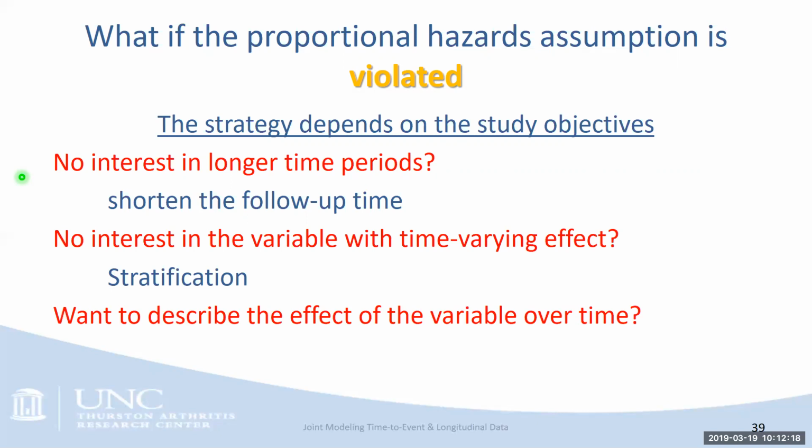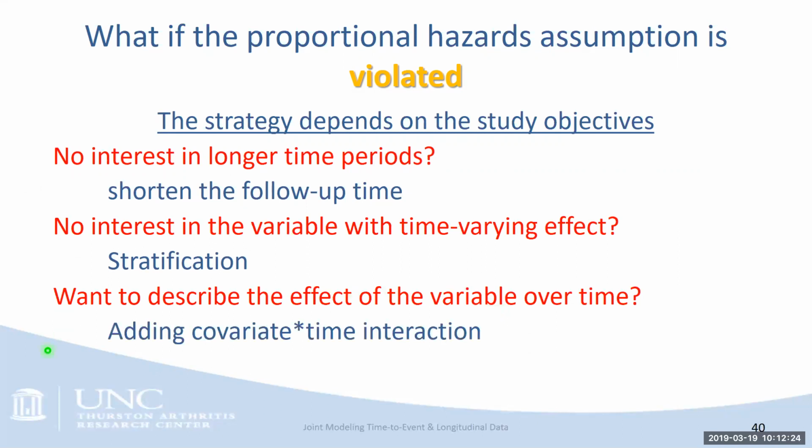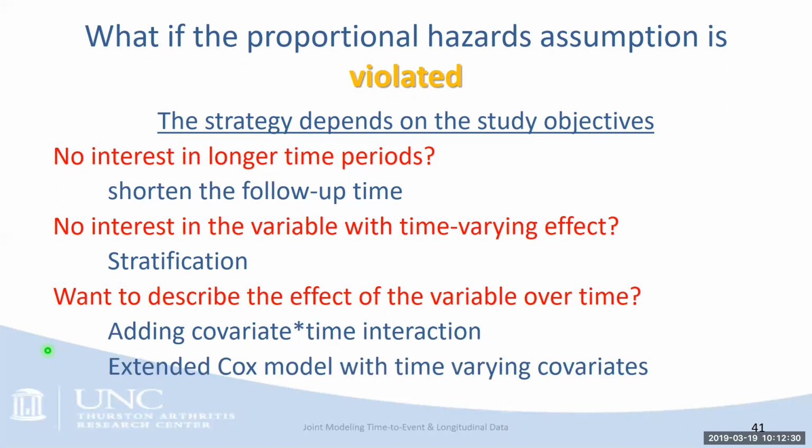But what if you are interested in describing the effect of this variable over time? Well, you can either think of adding an interaction term of that covariate with time, or you can think of going to the extended Cox model with time-varying covariate. And again, especially if your covariate itself is being repeated and measured over time, this is a very useful approach.